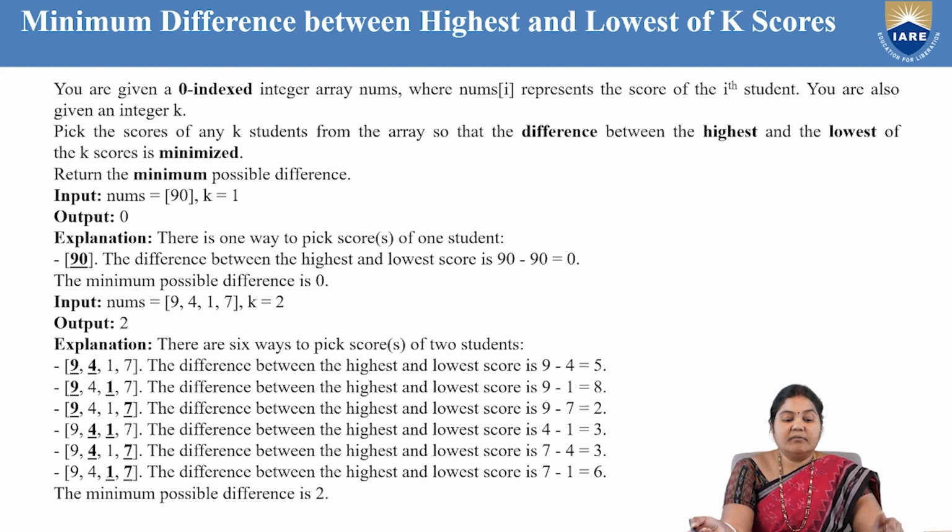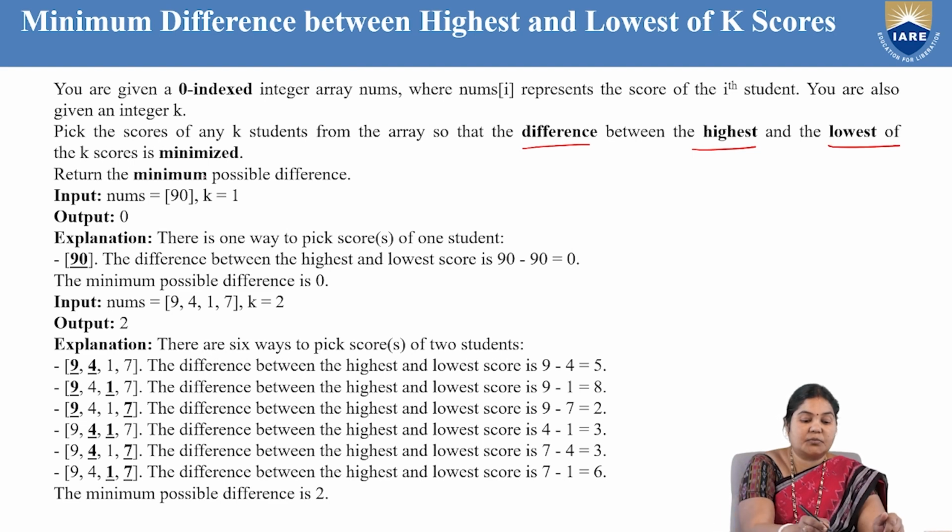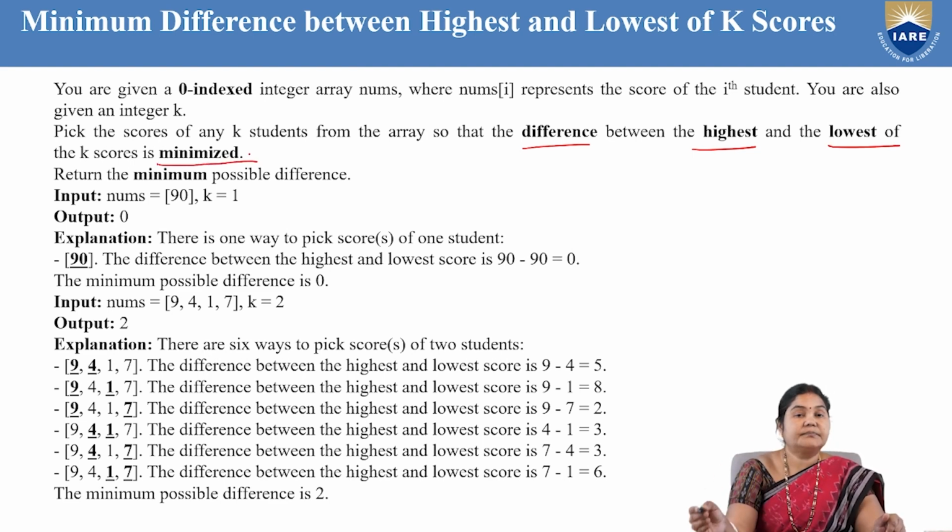Now, you are given a zero-indexed integer array nums, where nums[i] represents the score of the ith student. You are also given an integer k. Pick the scores of k students from the array so that the difference between the highest and the lowest of the k scores is minimized.